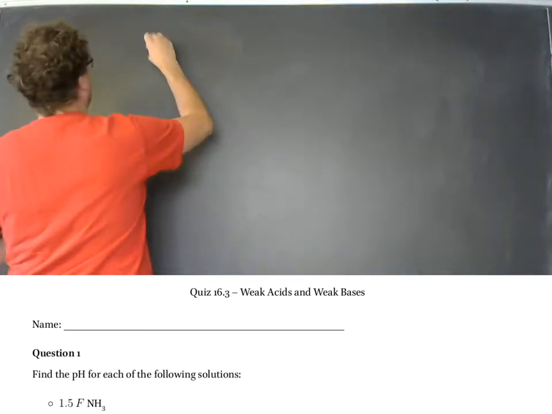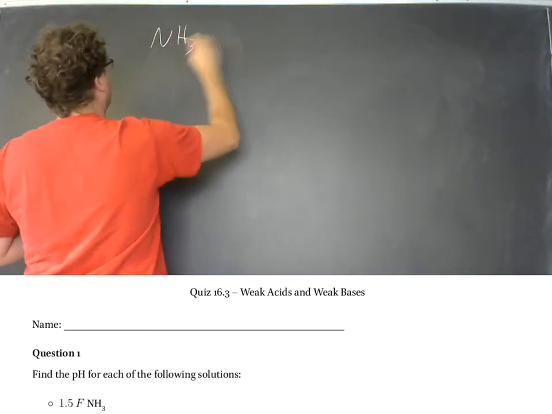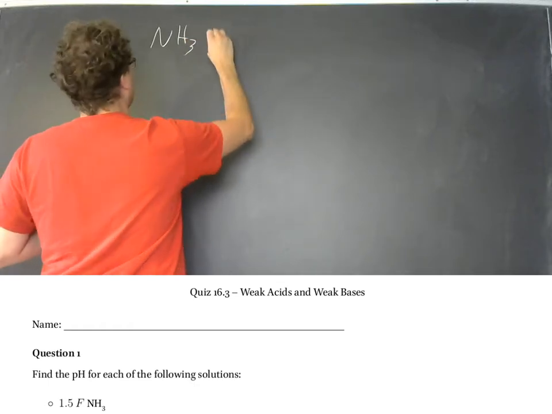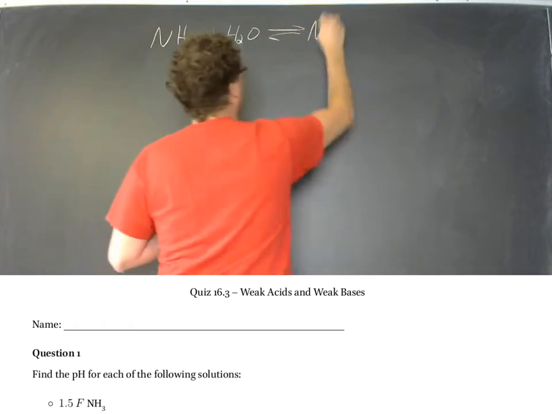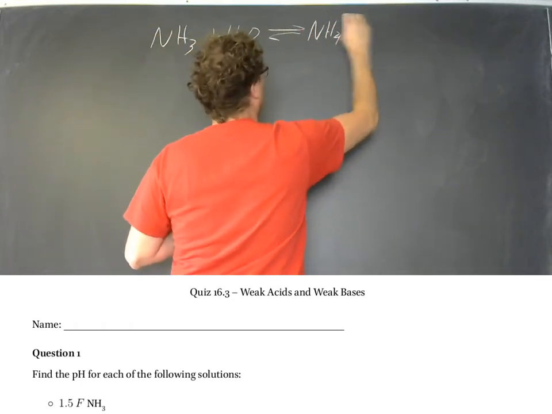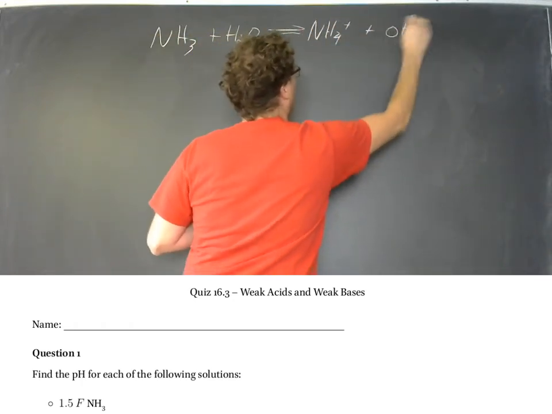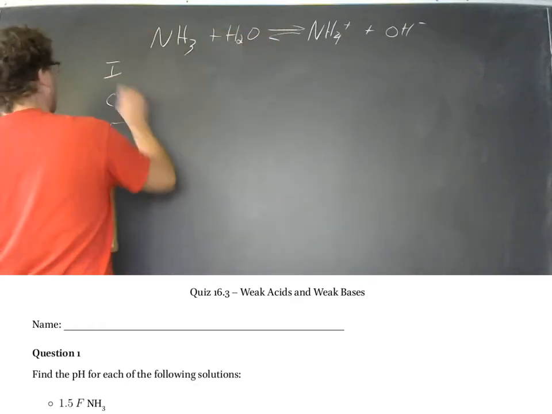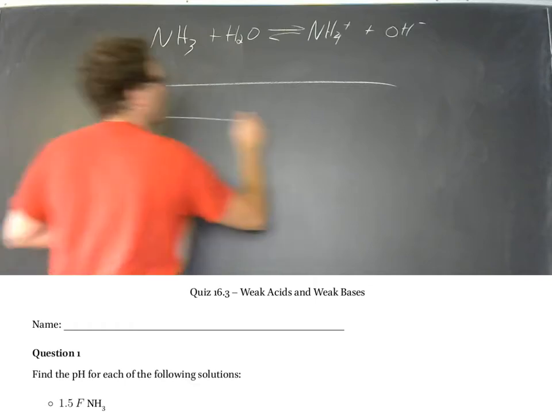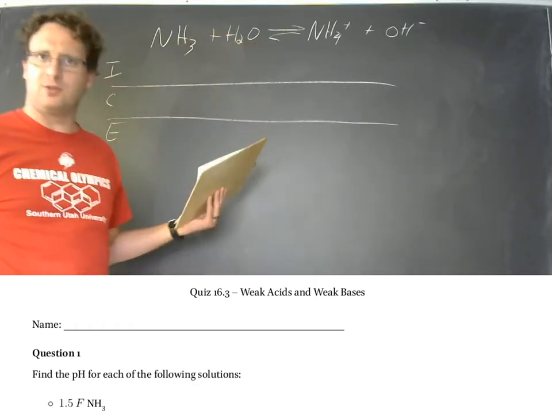So we'll write the chemical equation here, NH3 plus H2O in equilibrium with NH4 plus and OH minus. And we can do the ICE table. And I'm going to do this really rapidly because these ICE tables all look alike.